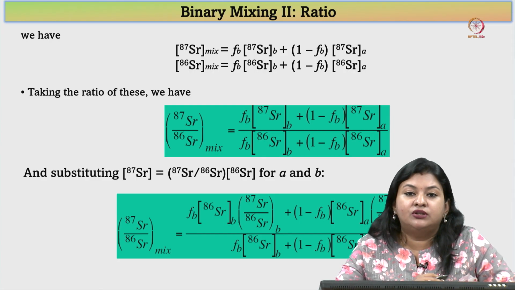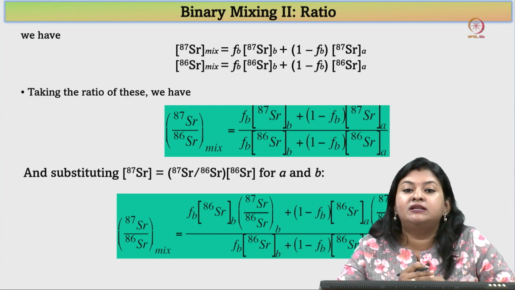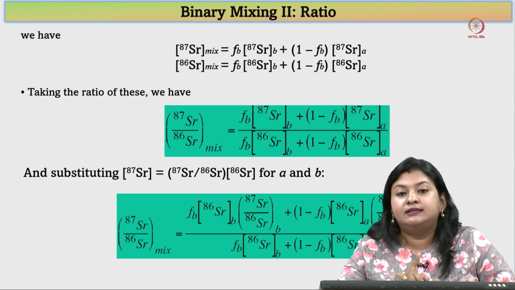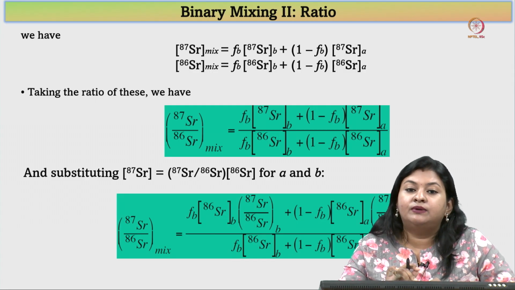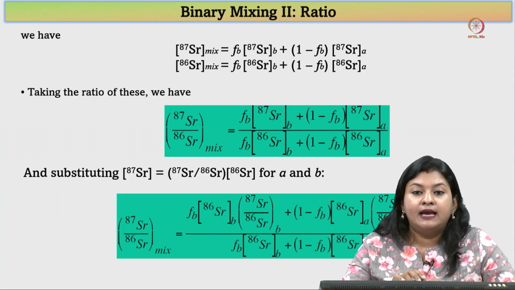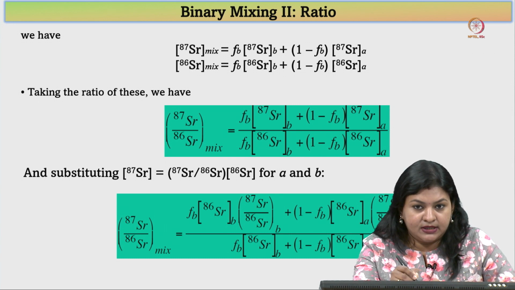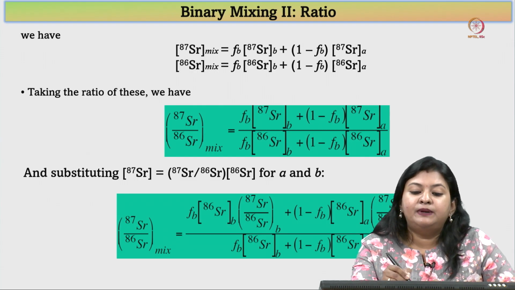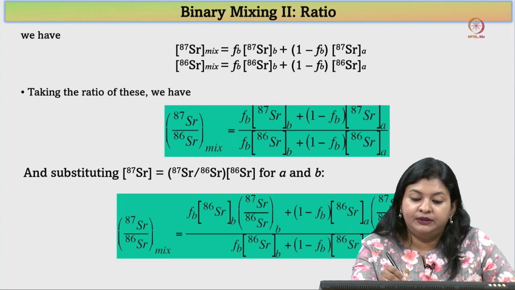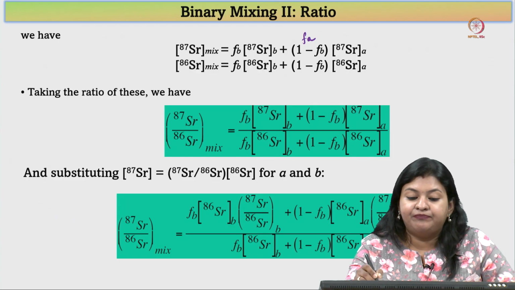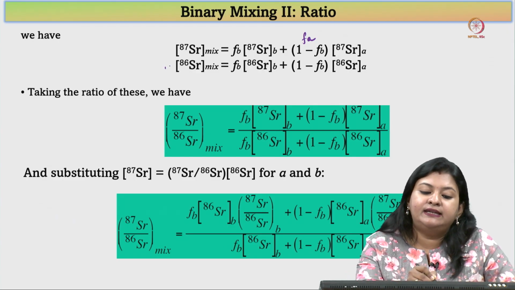The first equation, as we write for elemental mixing, we are going to write in terms of only one isotope, that is 87 strontium. So, let us write this equation with 87 strontium. So, 87 strontium mix is equal to the fractional contribution from end member B multiplied with the 87 strontium concentration of B, plus 1 minus Fb, that is basically Fa, into the 87 strontium concentration of A. Similarly, I will write it for 86 also.